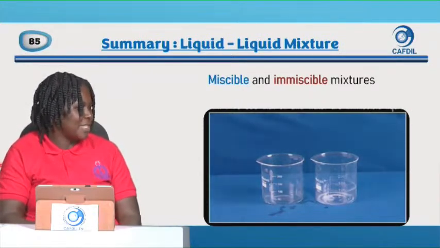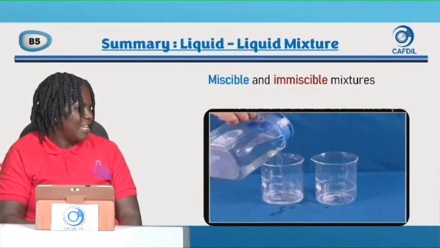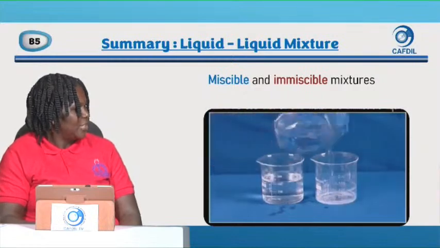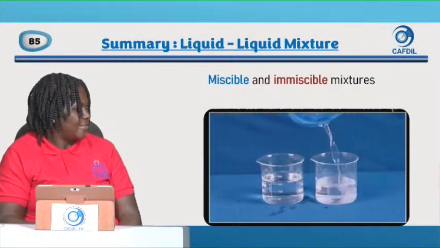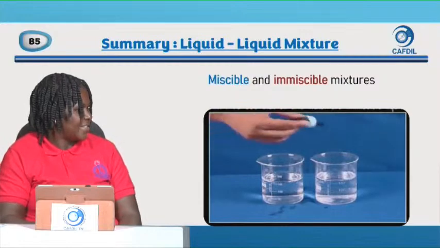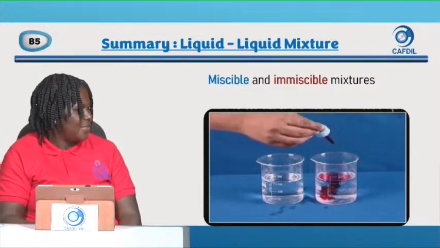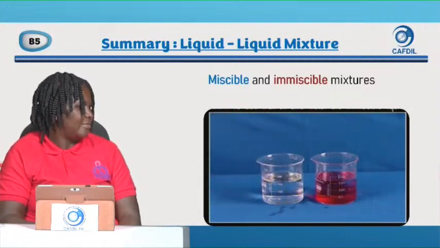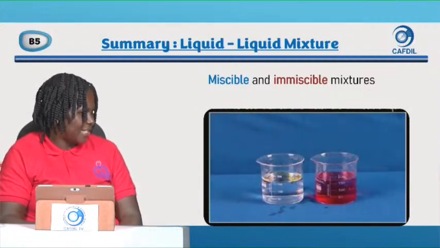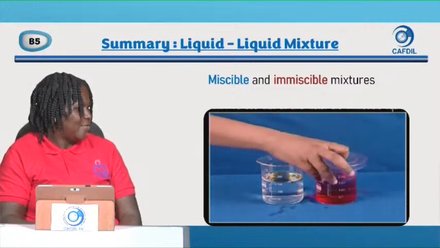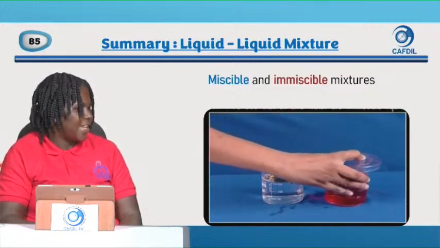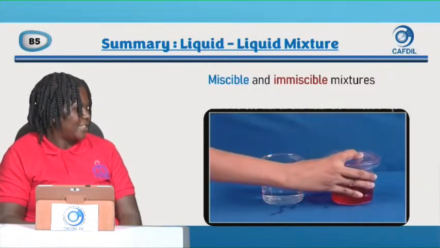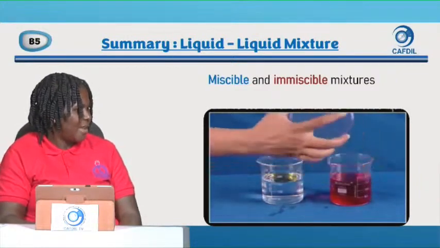Miscible and immiscible mixtures. Now we have our water. Let's look at it. We have our ink being poured into the water, and our oil being poured into the water. Now when we shake or stir, this one we are shaking it. Look at what happens.